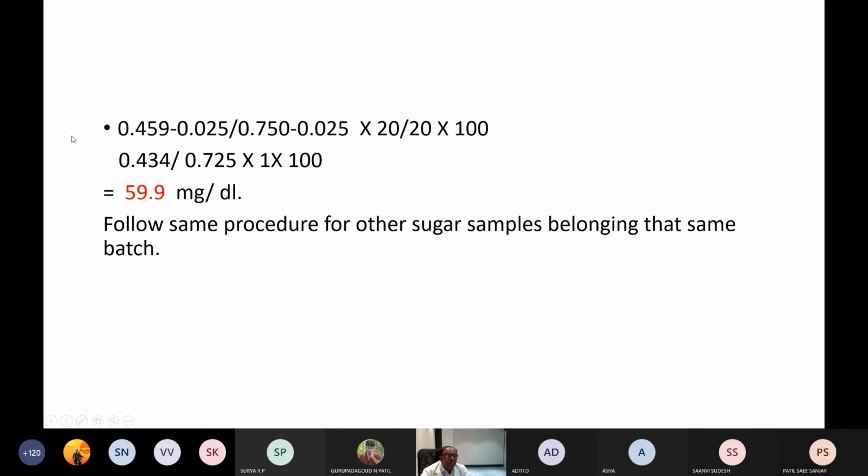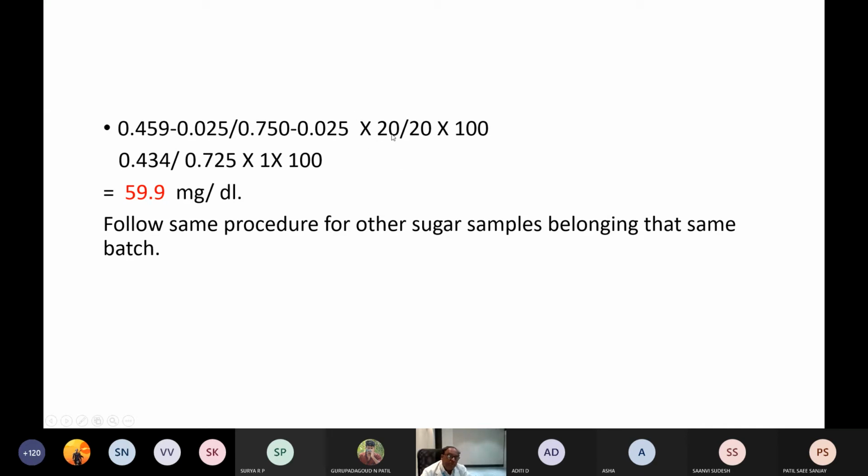You can see here. So what I did? This is the test absorbance minus the blank absorbance, over the standard absorbance minus the reagent blank absorbance, multiplied by the 20 microliter. 20 microgram is the concentration of the standard in the test we have used.